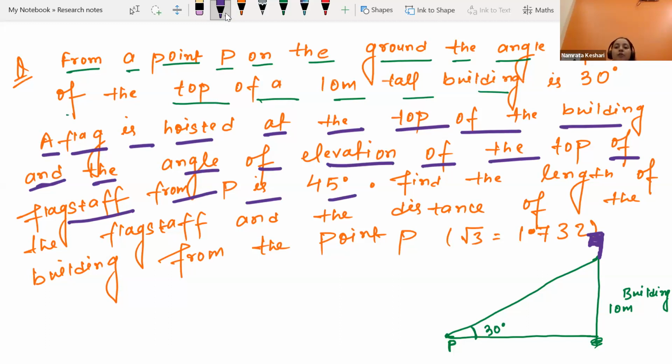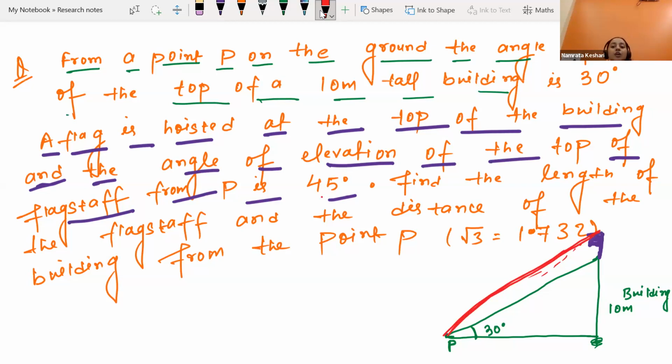Now at the top part of the flagstaff, from there 45 degrees, there is an angle of elevation at the same point P. So if we join the top part with the same point, maybe like this, the angle of elevation is 45 degrees.